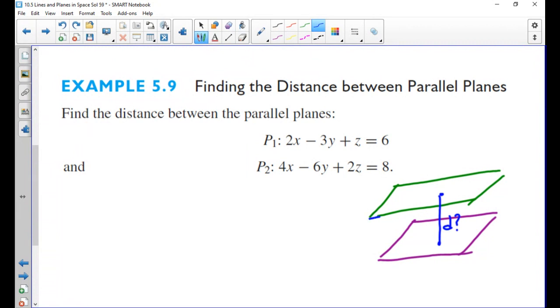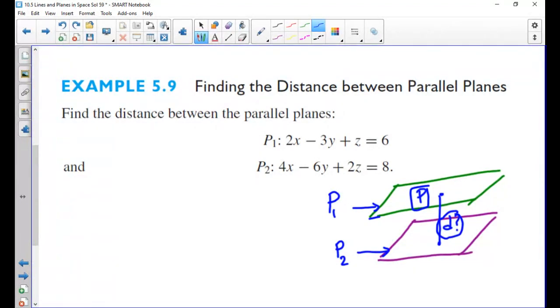What do you think we can do here? Yes, so we need to find a point in the first plane, let's say this is the plane P1. This is the plane P2. So find a point in the first plane and then use the rule that we just used before to find the distance D. So there are two steps here.